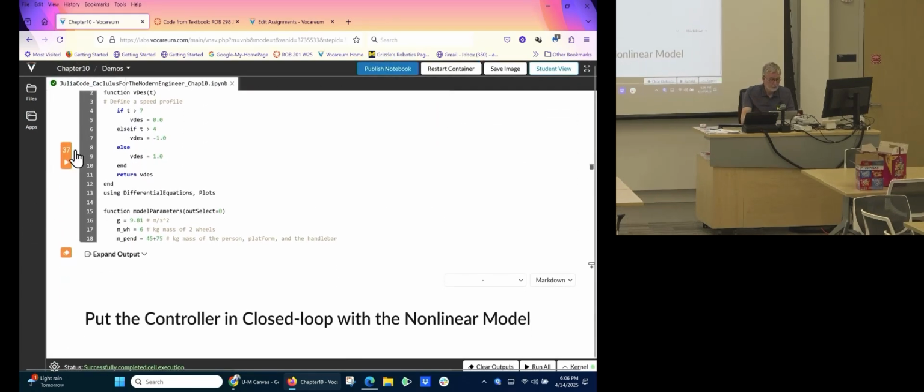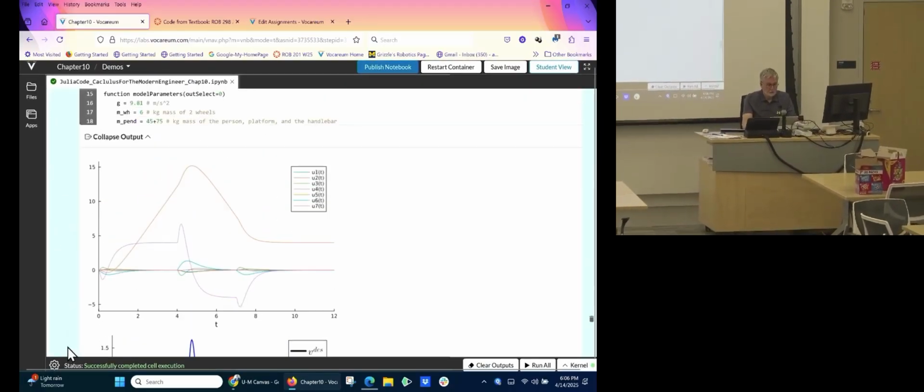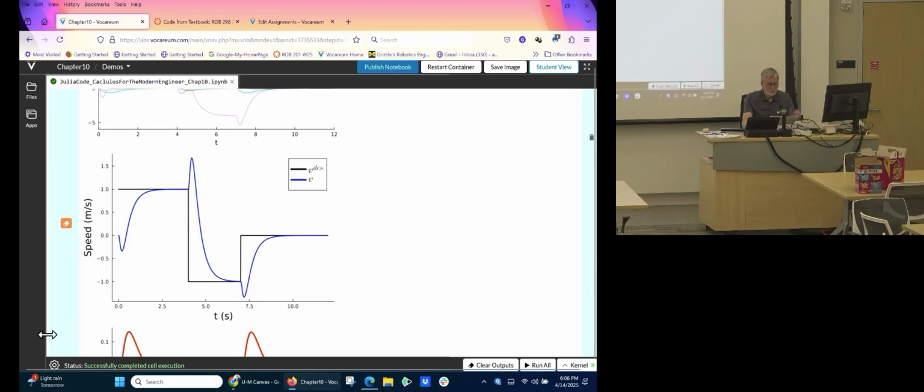Okay. So this is now the response using the linear system. I command a step of 1 meter per second.